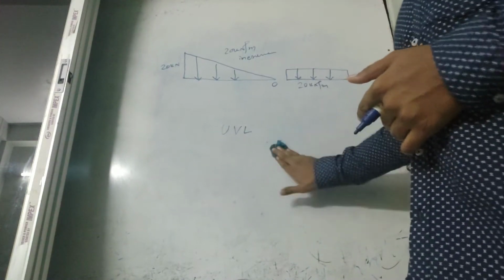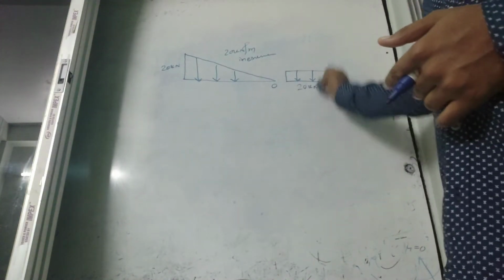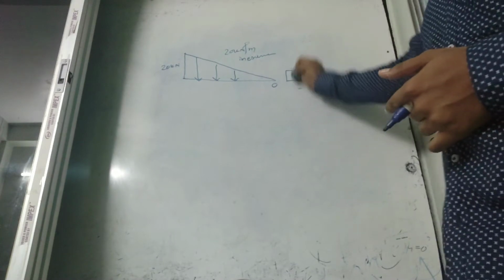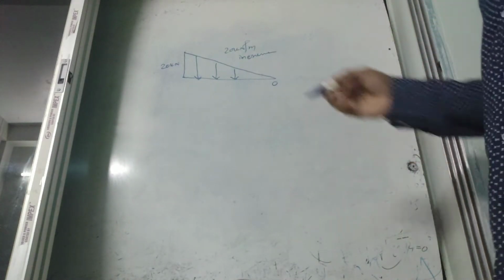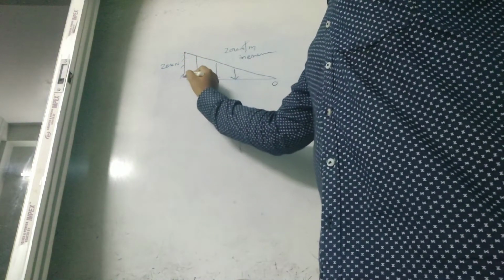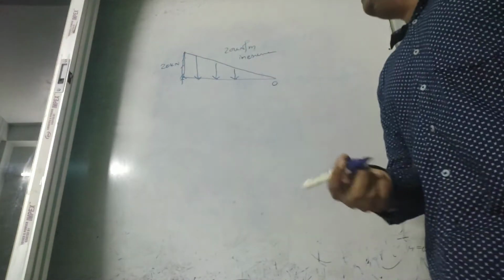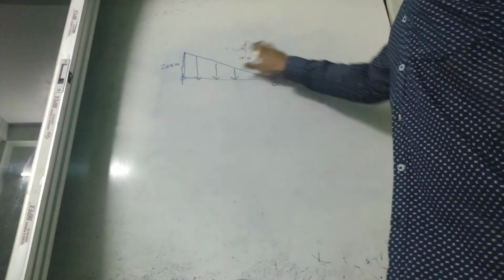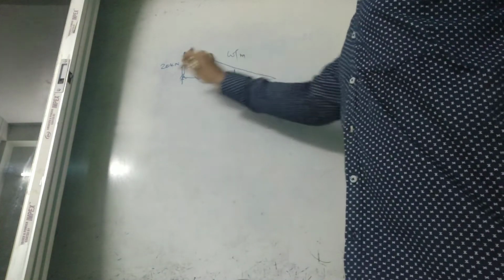In case of UVL over a cantilever beam, we need to calculate according to the rule of the triangle. In case of a triangle, we know how to calculate the area. We consider a cantilever beam with a given UVL, uniformly varying load, which is W per meter.